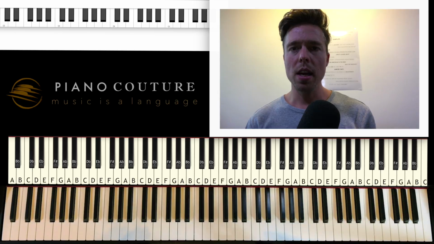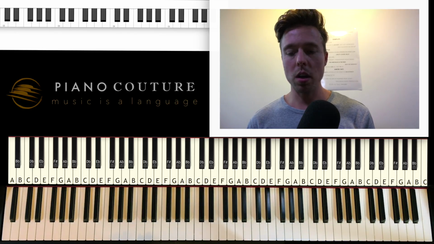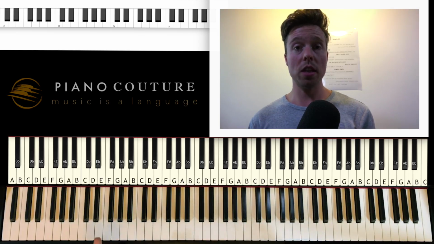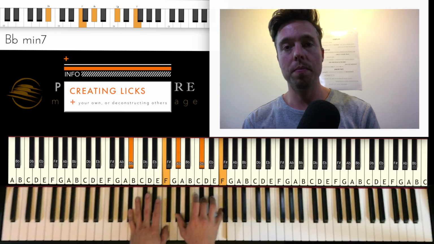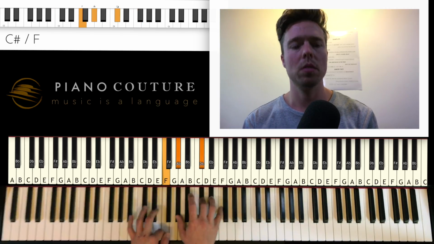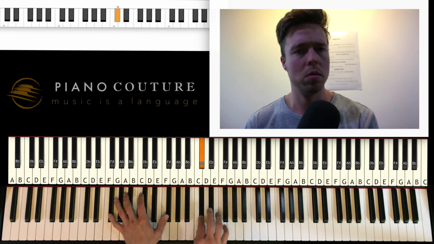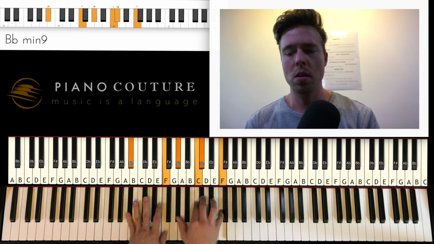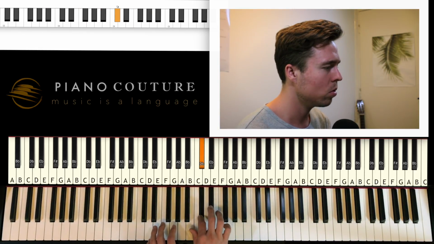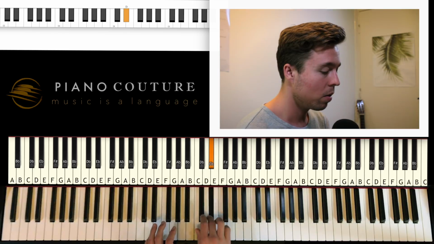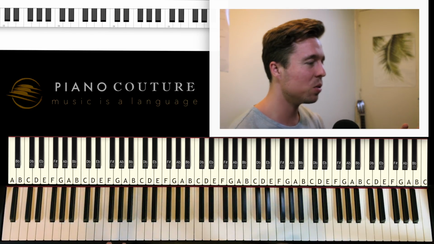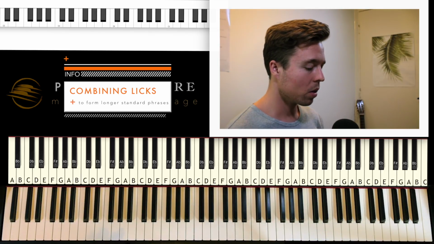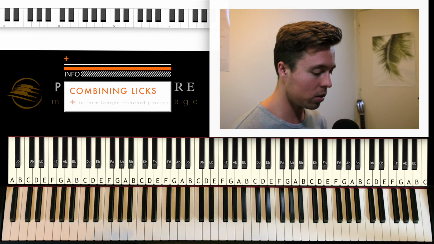Now, a pattern is also a thing that you can stock and that you then can combine to make multiple filler sentences, so to speak. So if I do something like this, so this is a lick, this is another lick, and when I combine those two I get to something like a standard sentence, right?